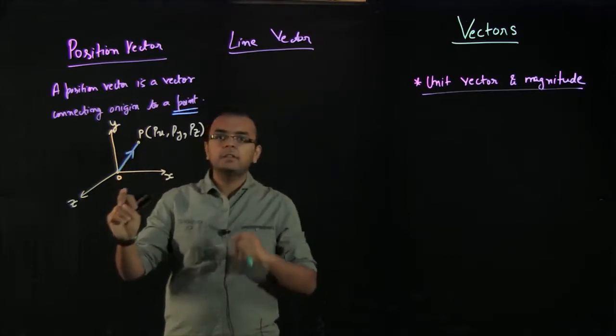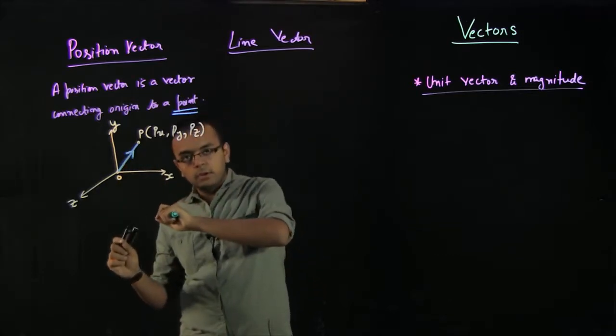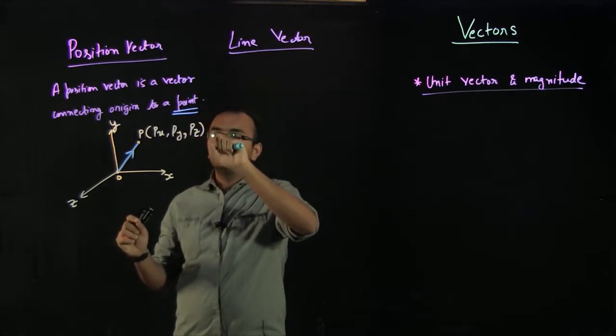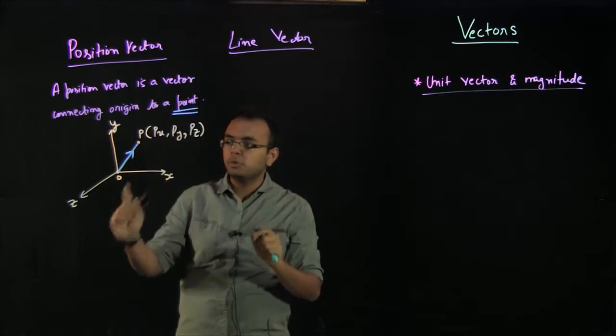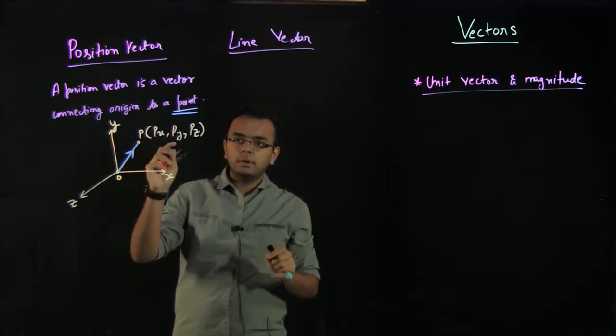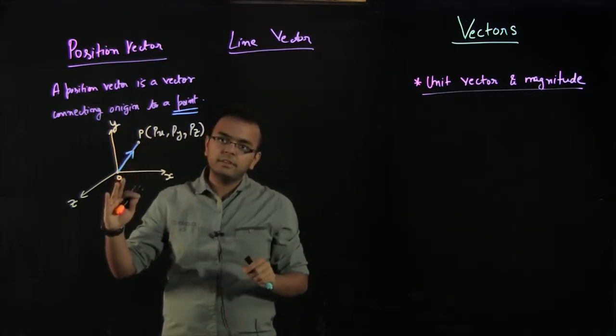The first letter is where the arrow line starts, and the second letter, which is P in this case, signifies the direction of the vector.